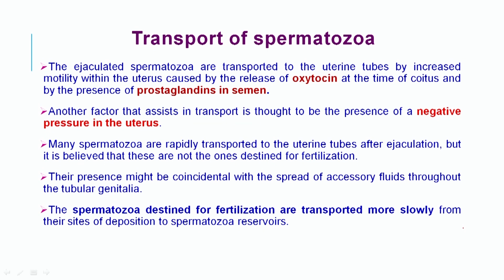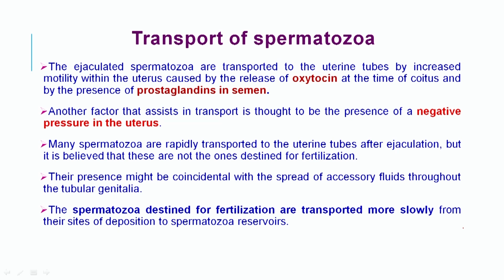Now, coming to the transport of the spermatozoa. Once spermatozoa are ejaculated or inseminated into the female reproductive tract, they are transported by the contraction of the uterus towards the site of fertilization, that is the ampullary isthmus junction. The contraction takes place with the help of oxytocin at the time of coitus and the presence of prostaglandin in the semen.